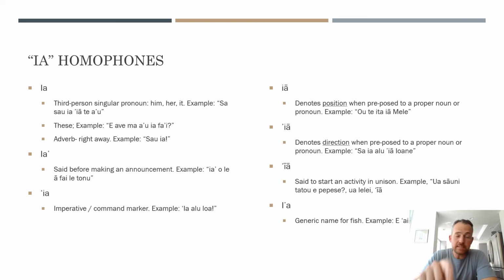Anyway, that's the end of this video. Hopefully this was helpful. Again, I don't think it'd be helpful to necessarily go through and memorize all these different words because they're not necessarily the most helpful words in what you want to communicate. But what I hope is illustrated is that there's a lot of nuanced differences because of those glottal marks and those macrons, and it might be hard for you to hear the difference, but the meaning is actually very different.